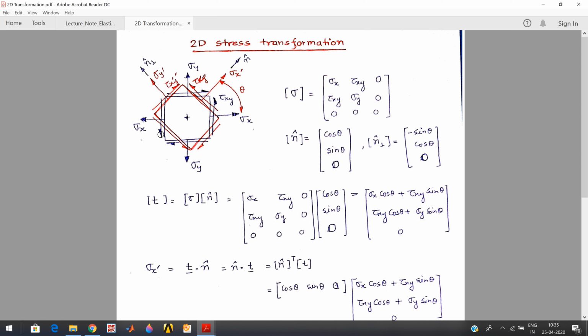Let us say there is the original stress state defined with respect to the x y coordinate system as sigma x, sigma y, and tau xy. So this is my stress tensor with respect to the xy system. In the figure it is shown in black color.